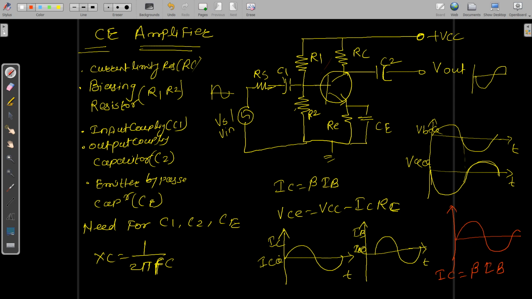If I complete this time period, I will get a completed output for one complete cycle. There should not be any change in the frequency.